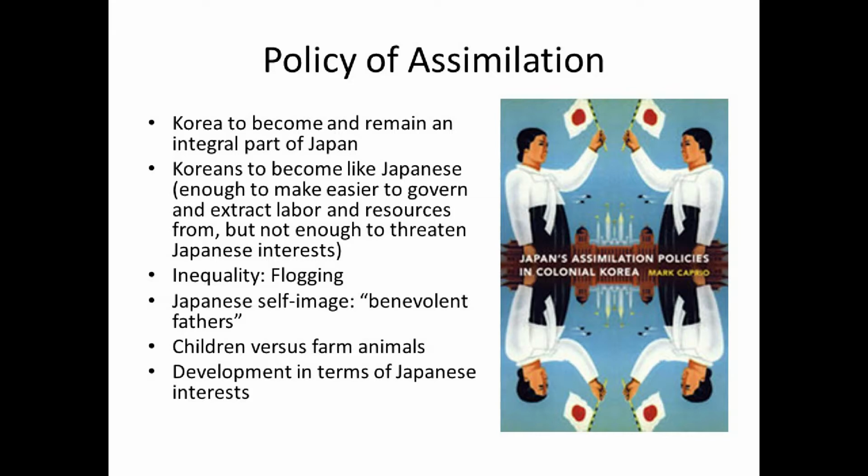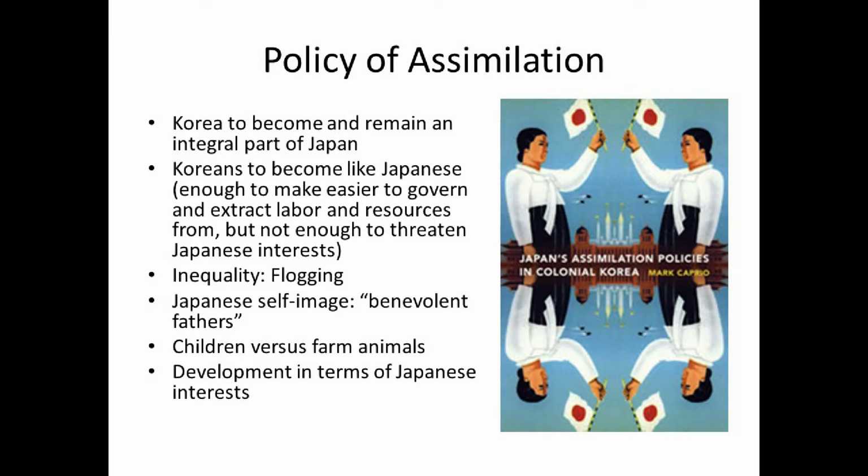The American government said, we're not going to be here forever, and we kept that promise. Japan was much less willing to do that. Their understanding in the government was that Korea was to become and remain an integral part of Japan, and therefore Koreans should become more like Japanese. And this makes sense logically, because after all, had not the Japanese been the first Asians to successfully modernize?